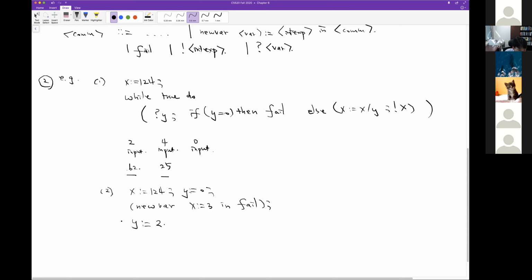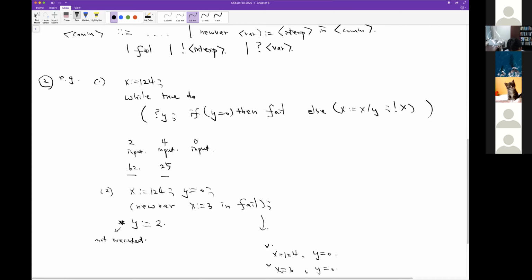Whatever happens, the last assignment will never be executed. But the question is, what kind of output state has to be? The kind of output state we expect is x has a value 124, and y has a value 0. Now, this is different from the case where x has a value 3 and y has a value 0.